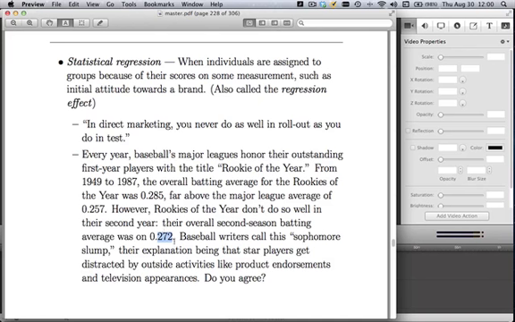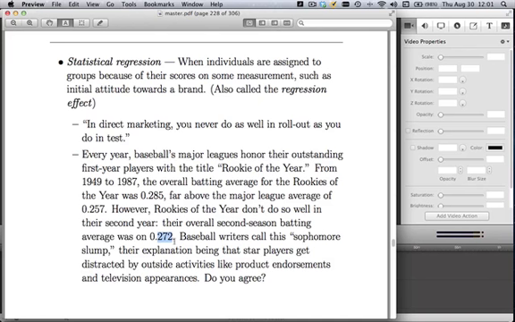Before I discuss this, let me describe the Sports Illustrated cover phenomenon. It goes that if you get your picture on the cover of Sports Illustrated, next week you do badly.